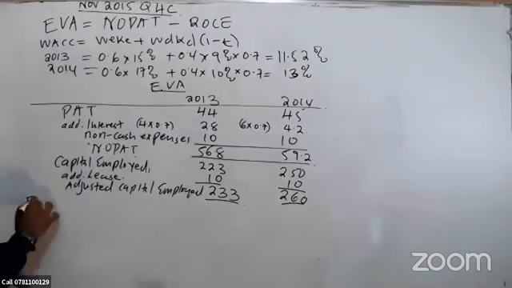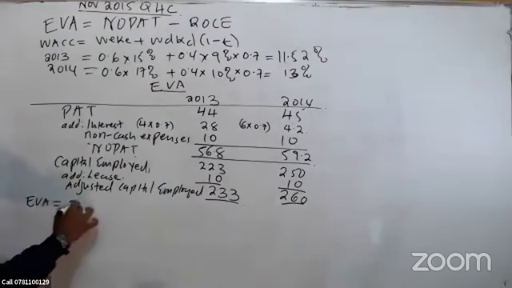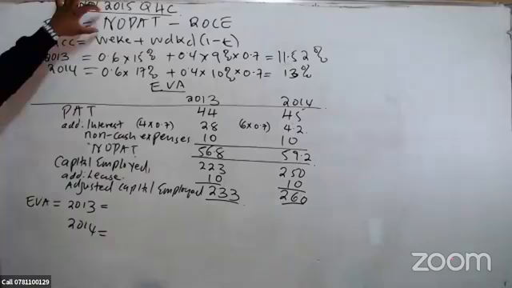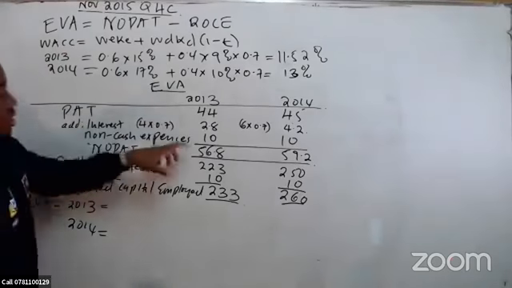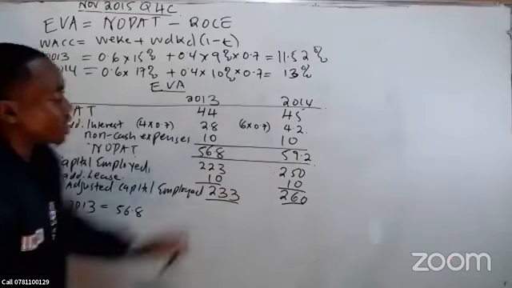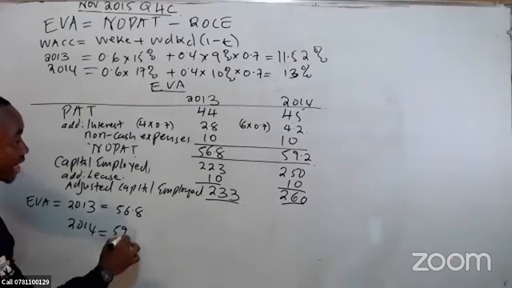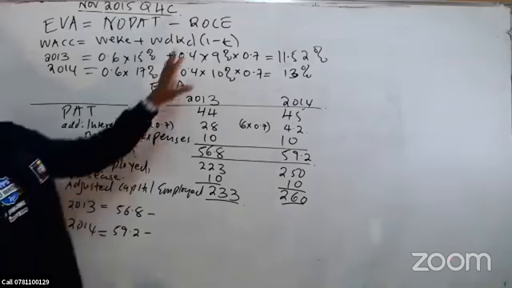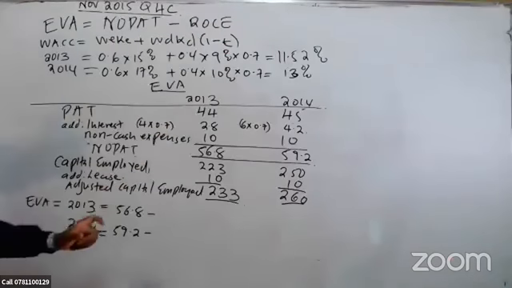Now let's get the EVA for 2013 and 2014. In this case, we have said that you take the NOPAT. So the NOPAT for 2013 is 56.8, and for 2014, it's 59.2. And then you deduct the return on capital employed. We already have the capital employed.